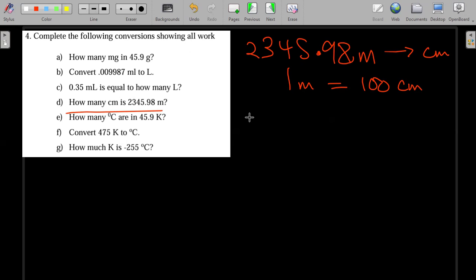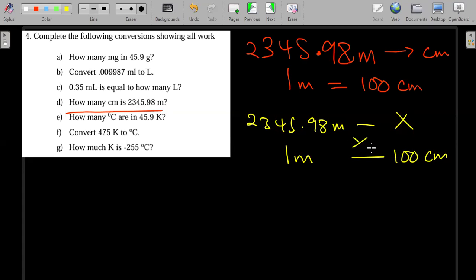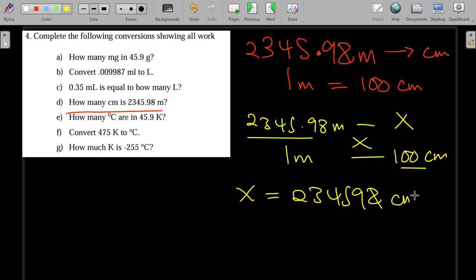So 2345.98 meters is equal to x. And then I have 1 meter is equal to 100 centimeters. So cross multiply, I get x is equal to this number multiplied by 100. It's just going to give me 234598 centimeters. So I've converted, and that's all there is.